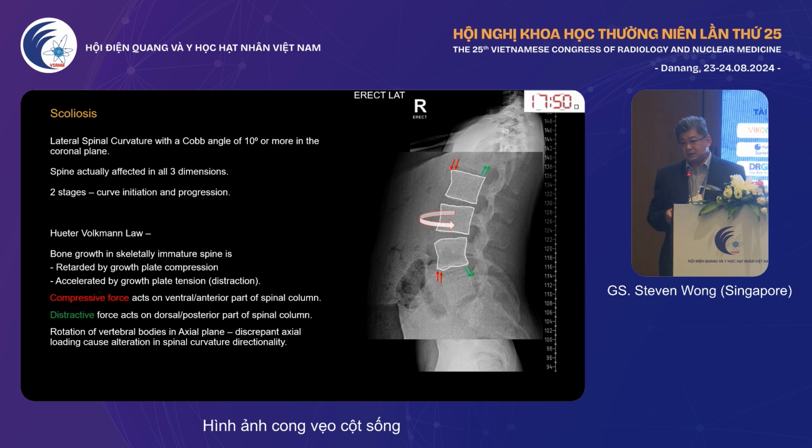This often leads to secondary rotation of the vertebral bodies in the axial plane, and also within the coronal plane, when one side is higher than the other. This causes discrepant axial loading pressures in the spine, and that leads to progression of the scoliosis.